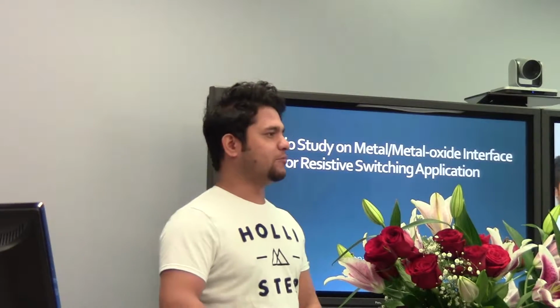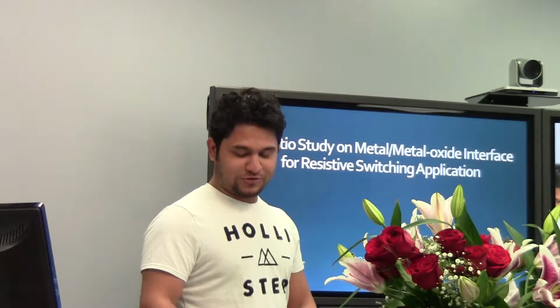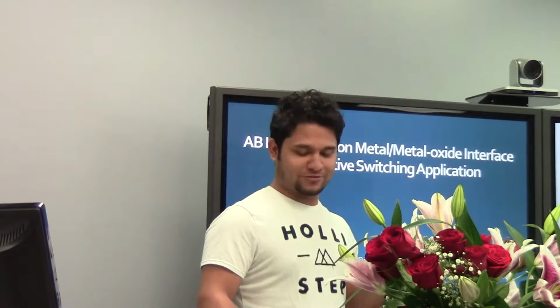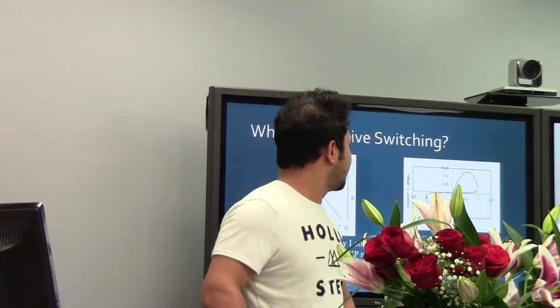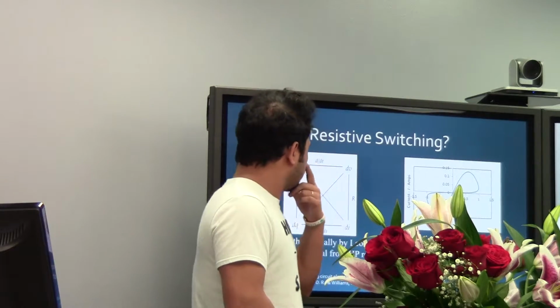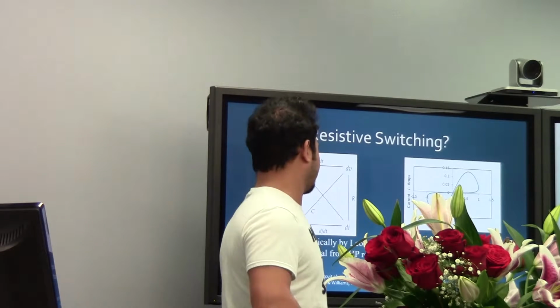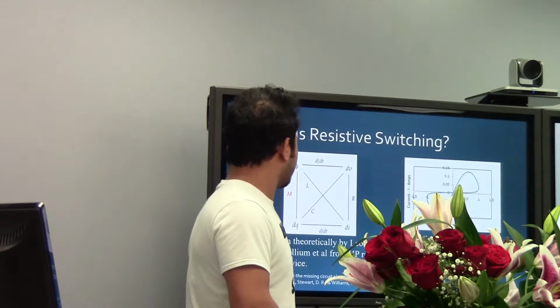So I'm going to talk about the initial state of the metal–metal oxide interface for resistive switching applications. Since resistive switching is a new topic, let's first start with what resistive switching actually is. In electrical circuits there are four parameters: voltage, flux, current, and charge.